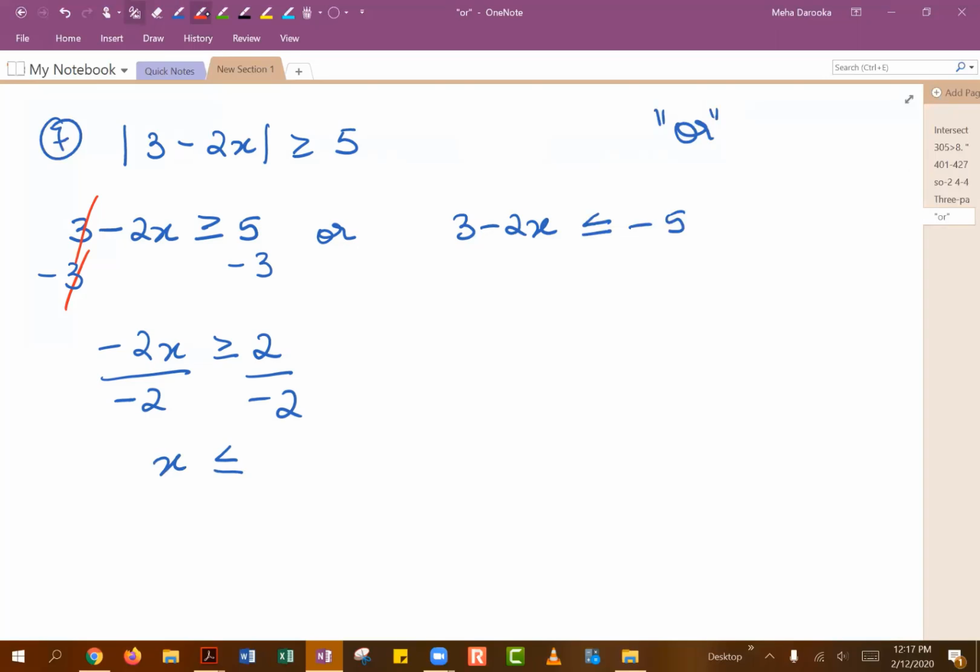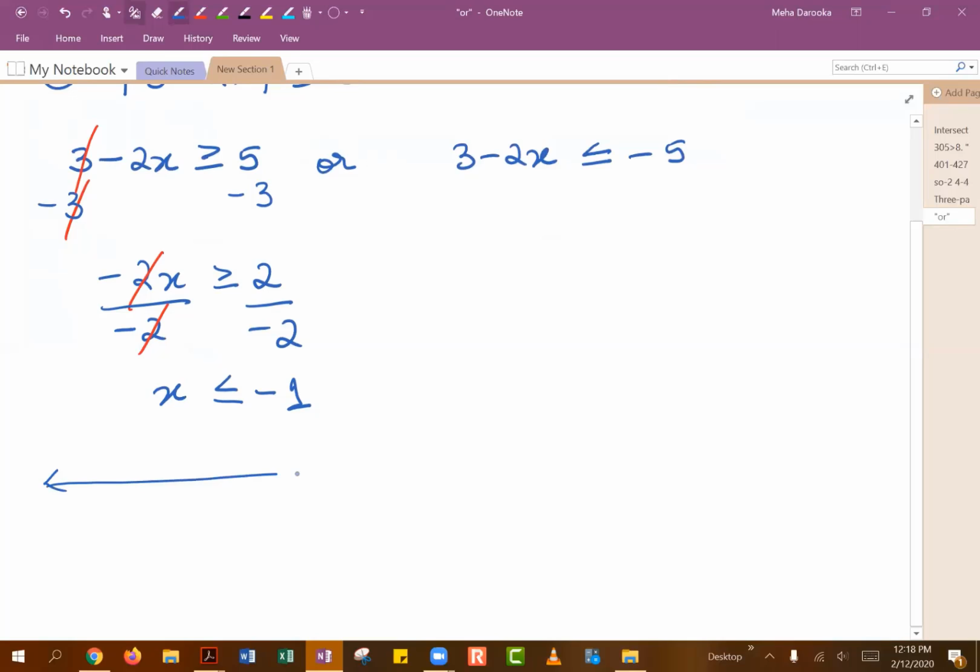What do we have on the right-hand side? Very nice. x is less than -1, and it's less than or equal to, so put a bracket. It's less than or equal to -1, right?